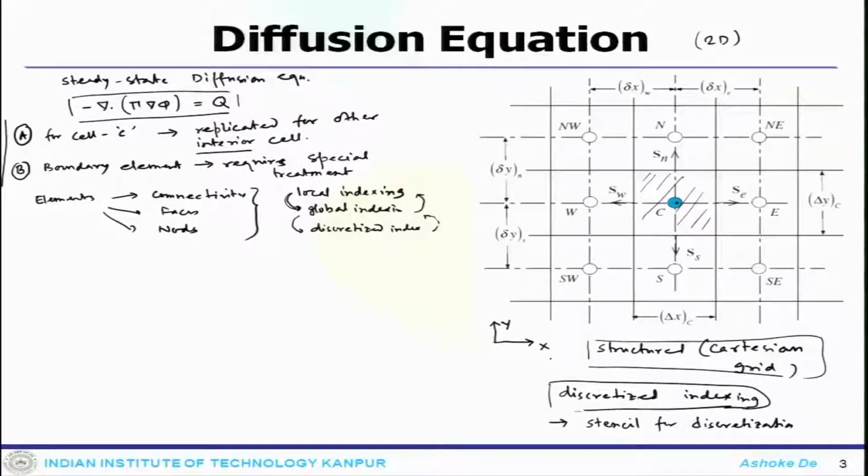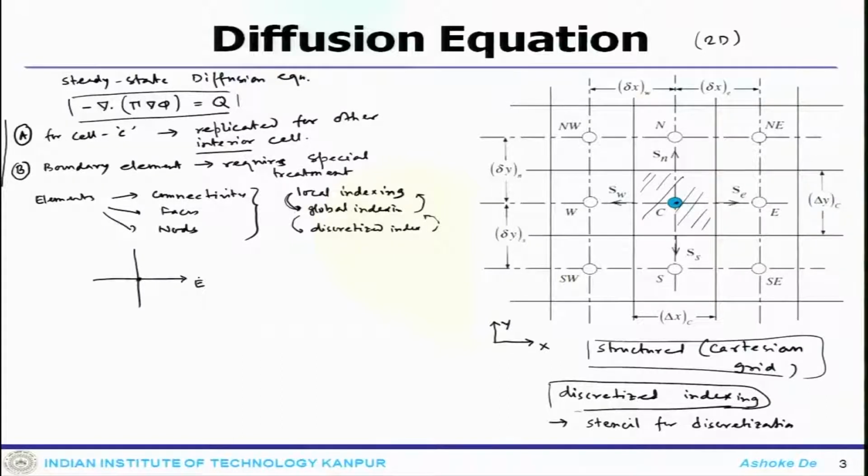So, if you look at this particular C sitting here, C is the center of this particular cell. Again the discretized system convention will follow the directional convention. So, the directional convention is like this, you have an element sitting here, ahead of it, it would be the east cell.